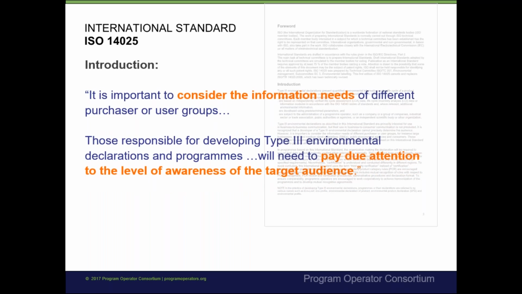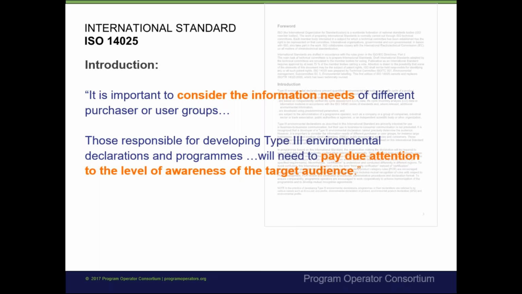It also instructs us to consider the information needs of different purchasers or user groups. And we like to bring that to people's attention because, again, the way that Type 3 environmental declarations are being used in the building and construction industry now is for architects, builders, contractors, non-LCA experts to utilize them to make decisions in product selection.